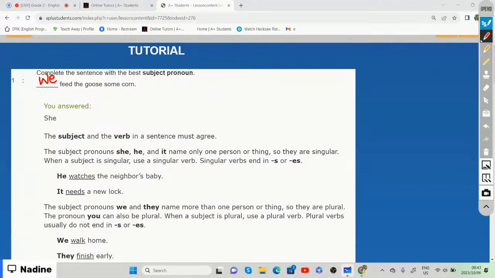And remember we said with subject pronouns, we use words like he, she, it to name a person, or specifically one person, because they are singular.